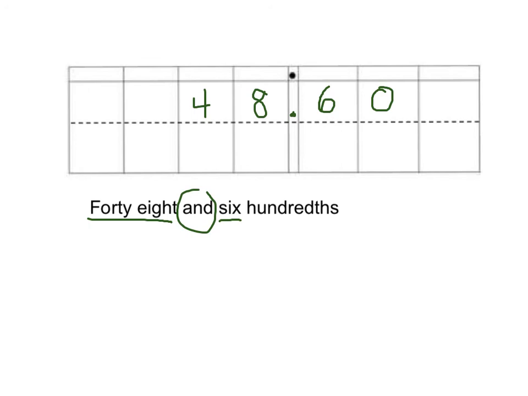So I got to be careful. It's 6 hundredths. I don't have any tenths. I have 6 hundredths. So that 6 has to go in the hundredths place right here. I have 0 tenths. And so now, my decimal point is here. Now my number reads correctly, 48 and 6 hundredths.